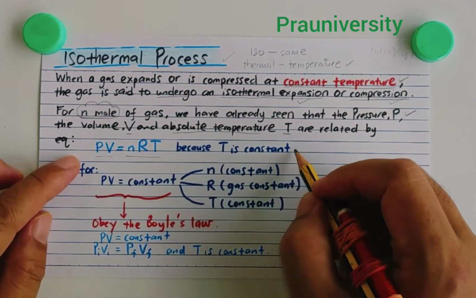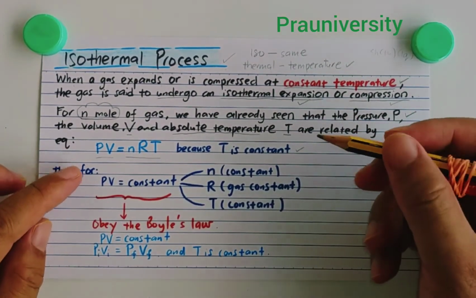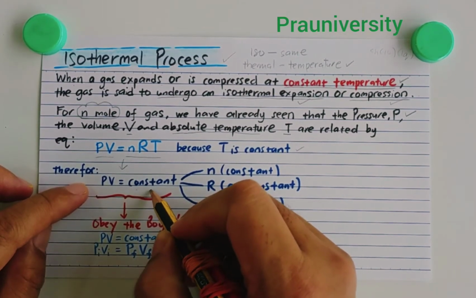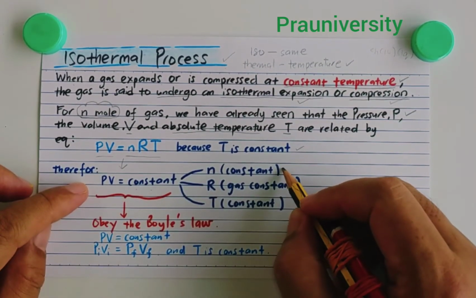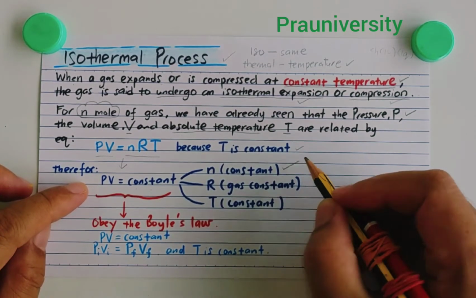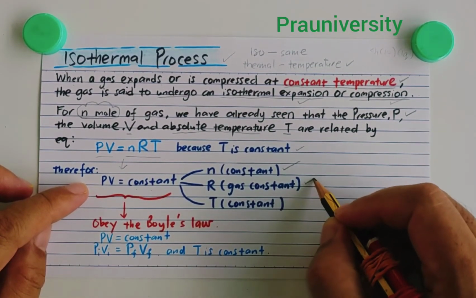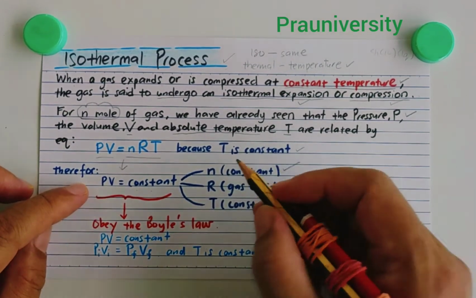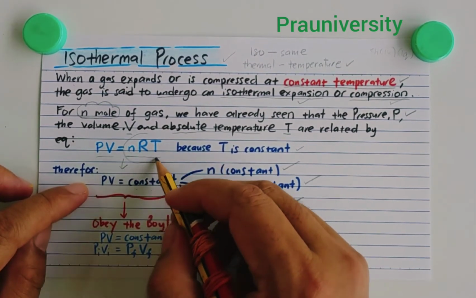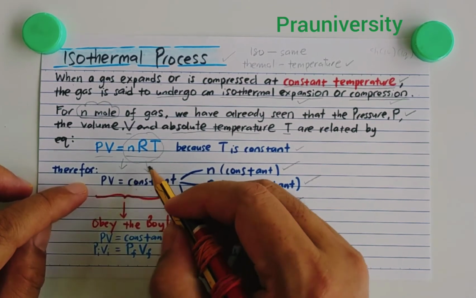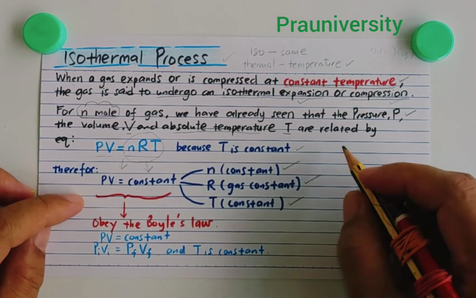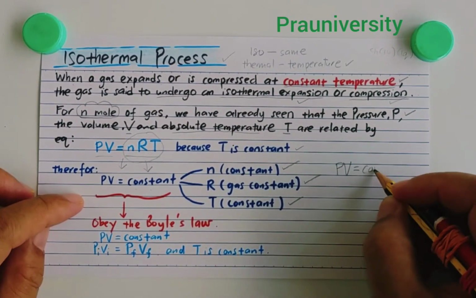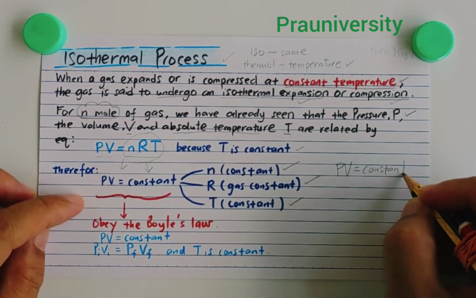Then because T is constant, we can write PV equal to a constant, because n, the number of moles, is constant, R is also constant, and the temperature is also constant. So we have the equation PV equals constant.